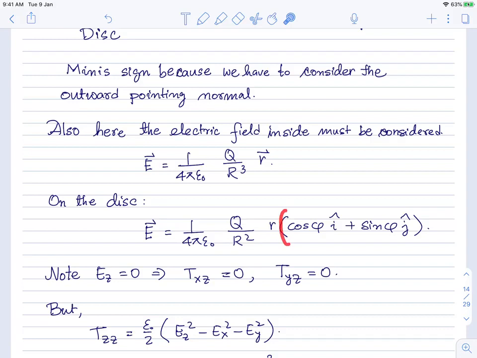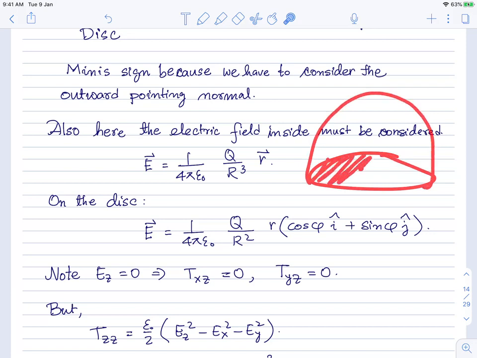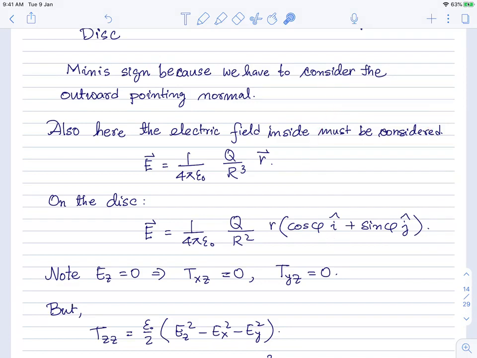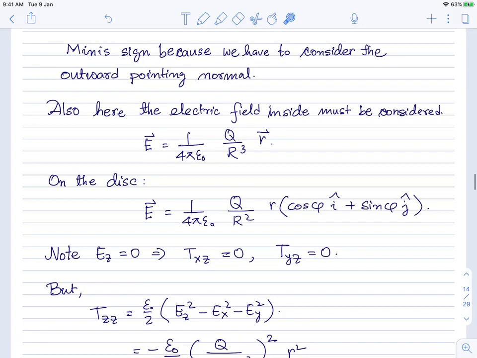So basically you are left with only the x and the y components. The z component vanishes. So the z component of the electric field vanishes on the disk. So if you consider again this disk, on the disk there is no z component of the electric field. It is always pointing in the direction of the x and y axes. Okay, I hope this is clear. Here on the disk means at theta equal to pi by 2.